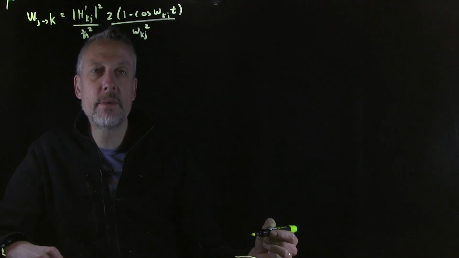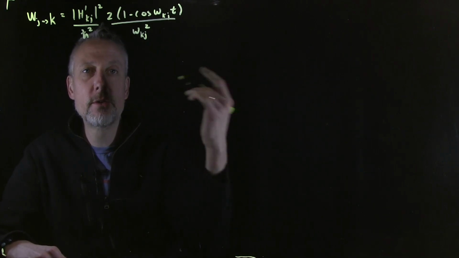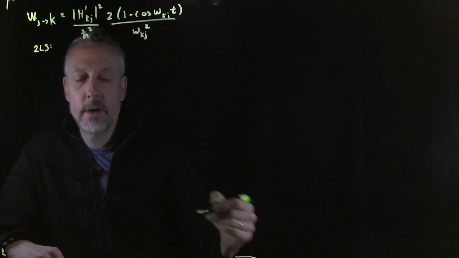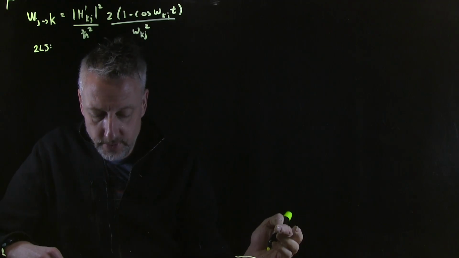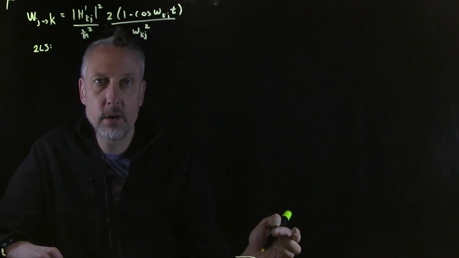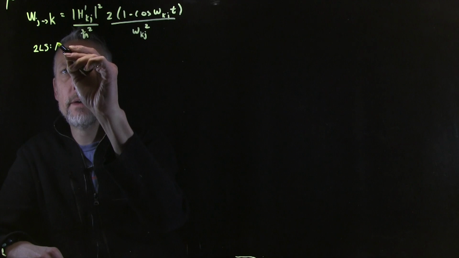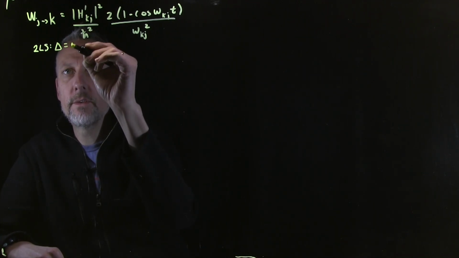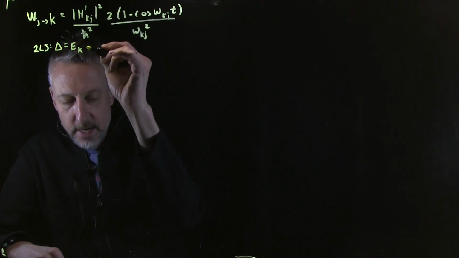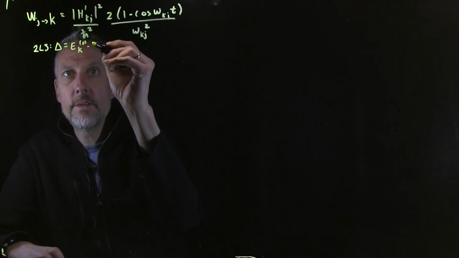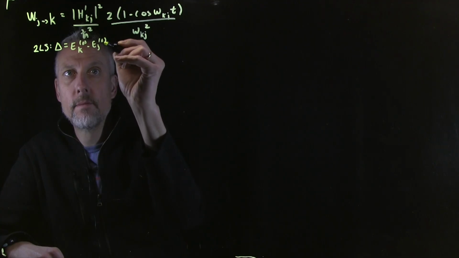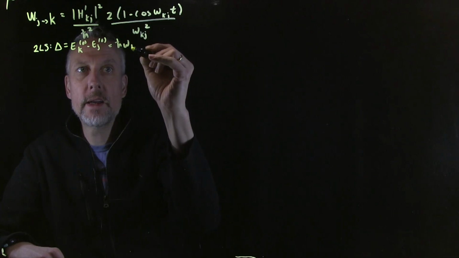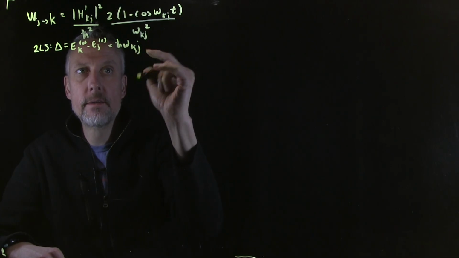All right, now if we convert this to the notation that we used when we did the two-level system, well, then we had two levels, right? And we had this parameter delta, which was the energy gap value. So that would be like E_k minus E_j, which would be equal to h bar omega kj.